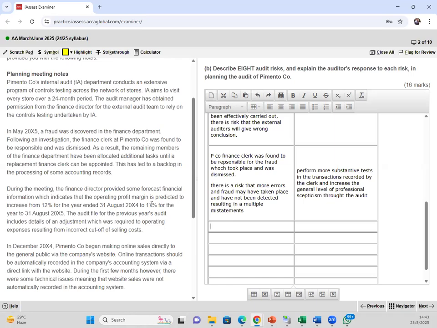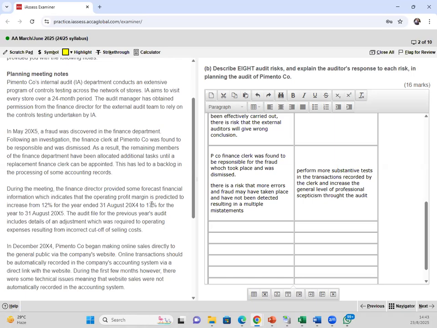It's because last year they played around with the selling costs. They might have done the same this year. There might be cut-off issues this year as well. If last year there were cut-off issues, what could prevent the same from taking place this year?